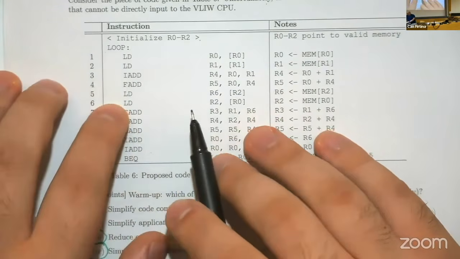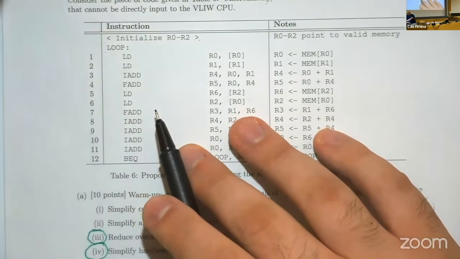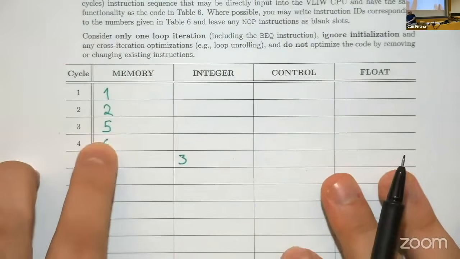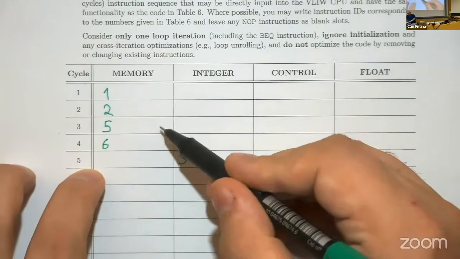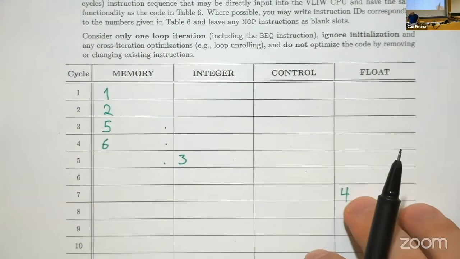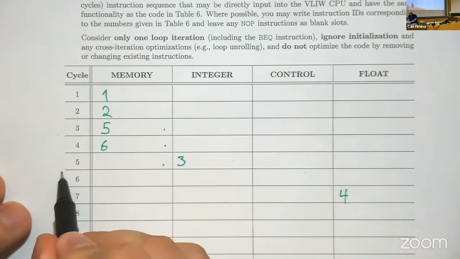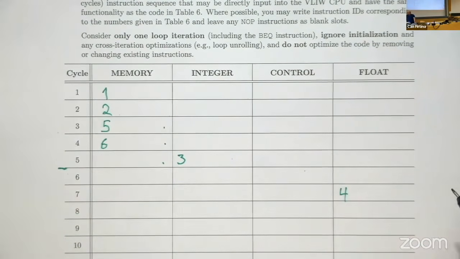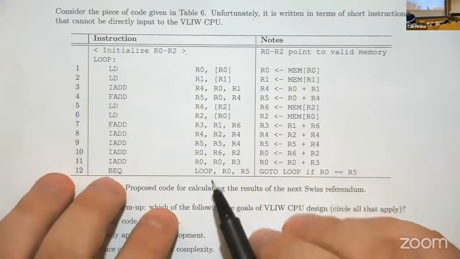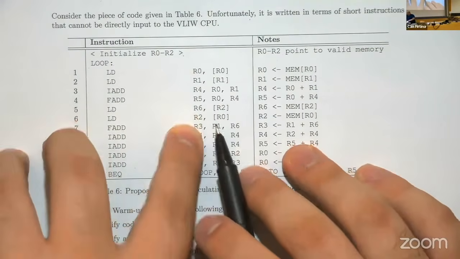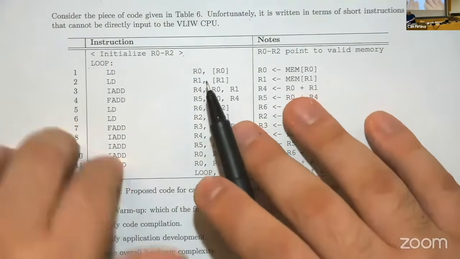This is instruction 5, started here, and it's going to take 3 cycles to become available. So by the end of cycle 5, we have all that we need for this floating point addition, since by cycle 5 the value of R6 becomes known, and the value of R1 was already known from before.